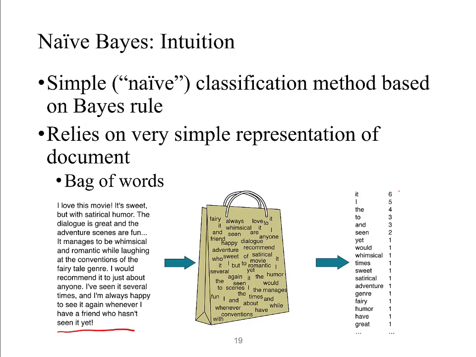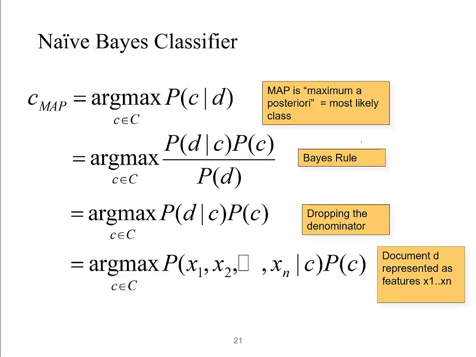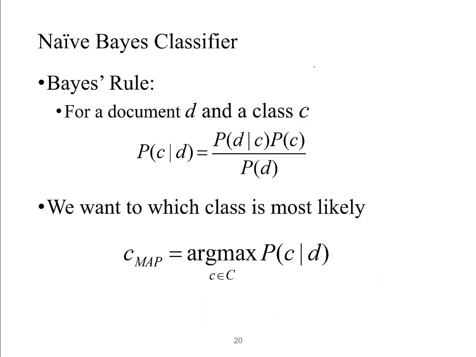Now, what we want to predict is that given document D, we want to predict the class label C. So it's the probability of C given D, right?